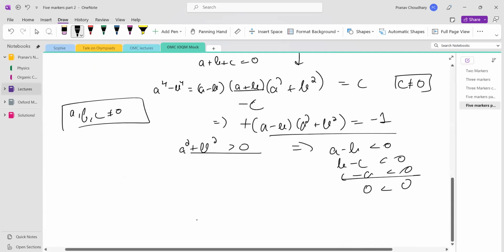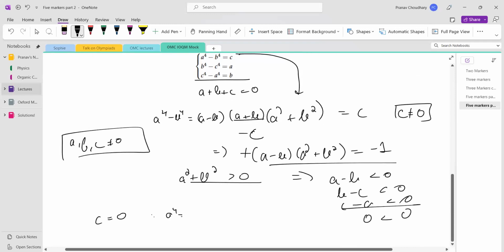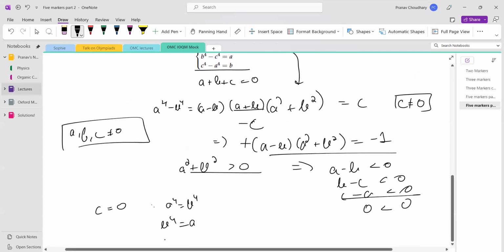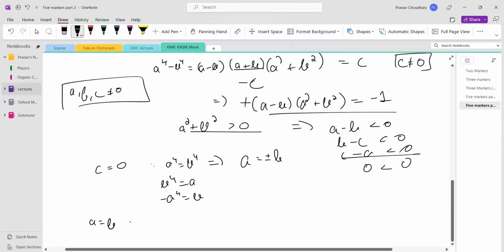Okay. So now suppose c equals 0. Then the three equations reduce to a to the power 4 equals b to the power 4, b to the power 4 equals a, and minus a to the power 4 equals b. This gives a equals plus minus b. So let's see when a equals b.